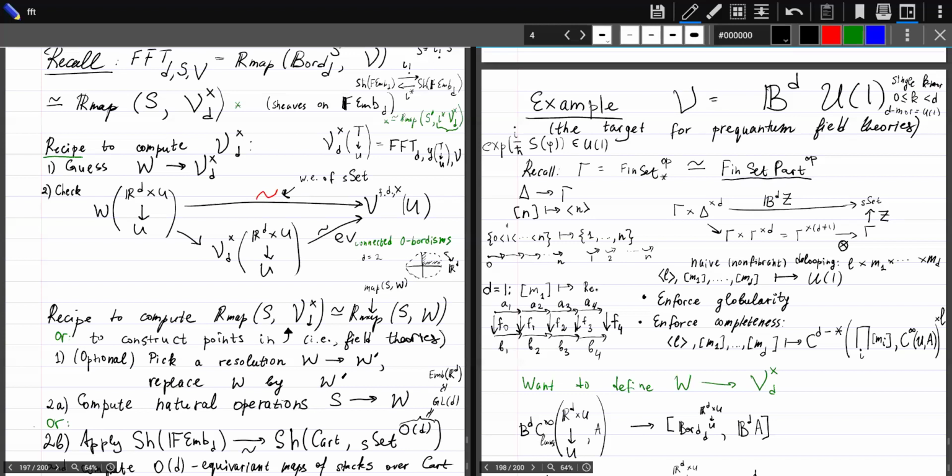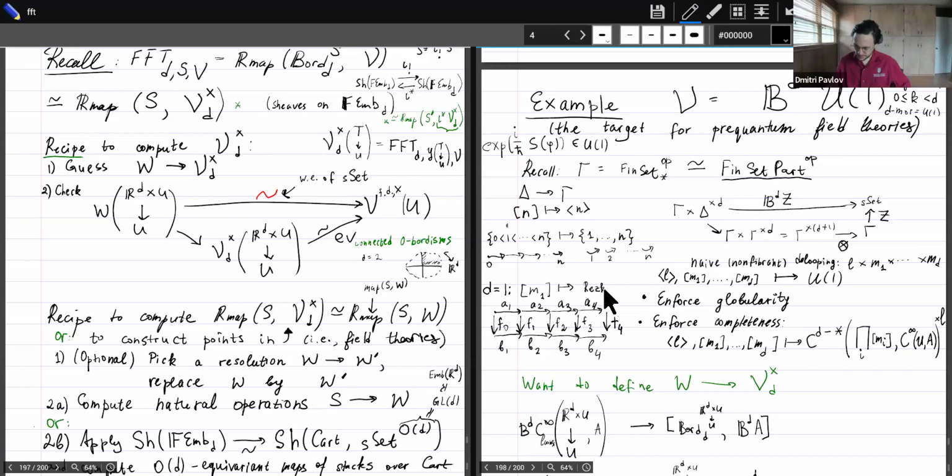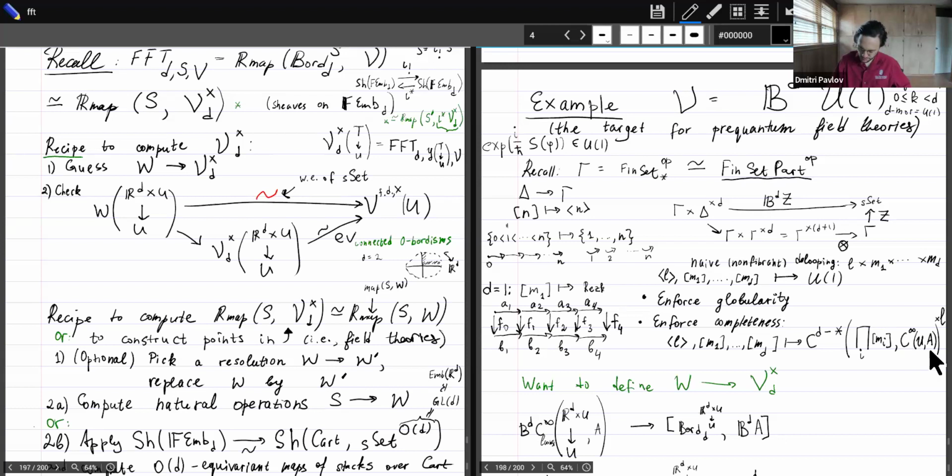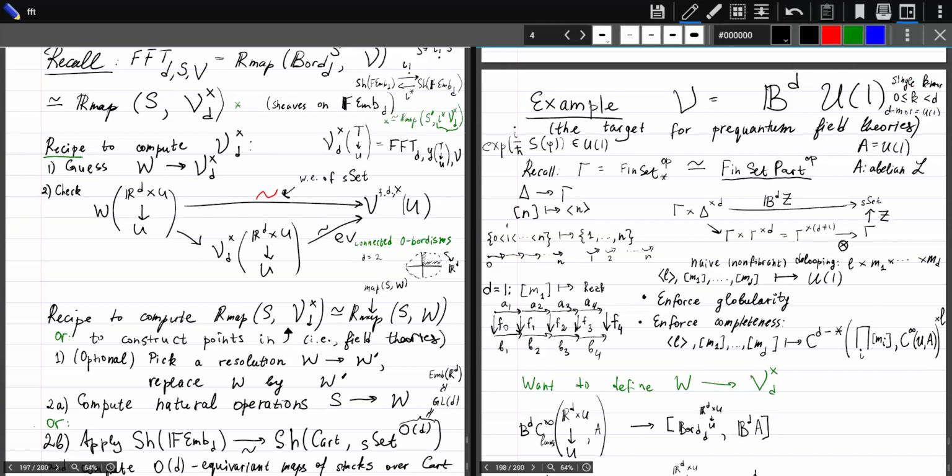Sorry, Dmitri, what is C infinity UA? What are U and A in the definition on the right? Oh, yes. Sorry. Of course, A is just U1. This construction works equally well for an arbitrary abelian Lie group A. And I guess the U is then just the Cartesian space we have as an input, right?